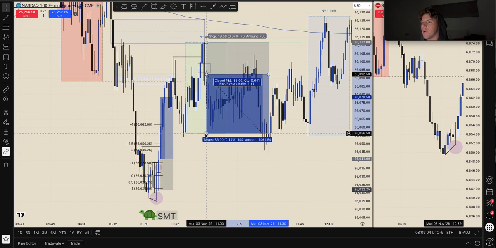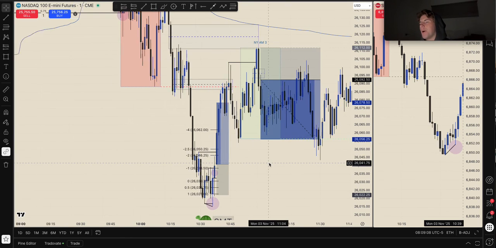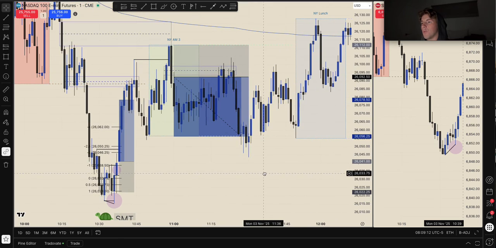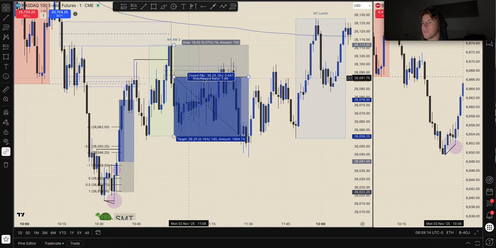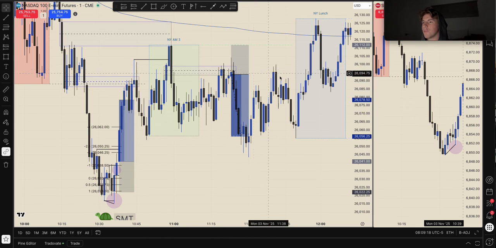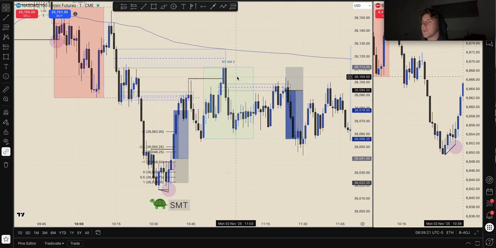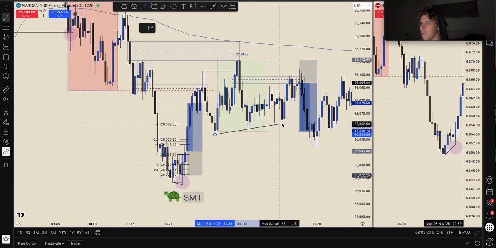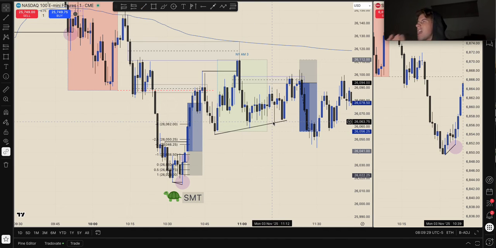But it is a bit of a dodgy trade, to be honest, just because it's not something I would take. But I mean, the way PA has been going, you could actually have taken that, to be honest. That's also not bad, because you've had this liquidity sweep, it's pushed it down, but it hasn't taken out these lows, and you've got all these just stacking up, just dying to get swept.